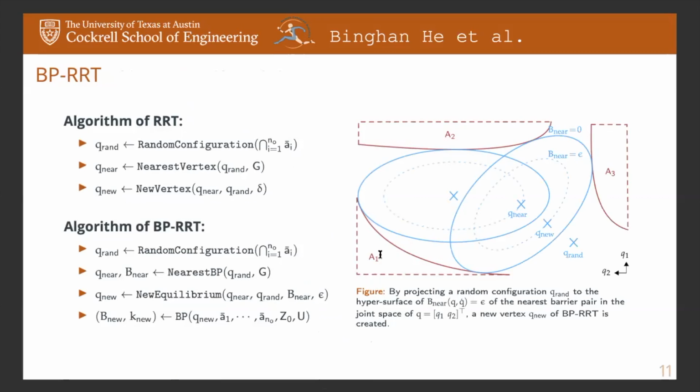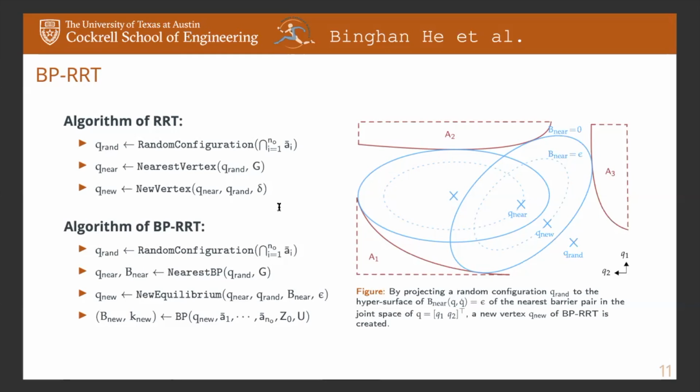Now I can introduce the barrier pair RRT algorithm to you. If you recall the 3 steps of RRT: sample a random configuration, find the nearest point, and sample a new point, barrier pair RRT has something similar. The vertices of RRT become barrier pairs in BP RRT.